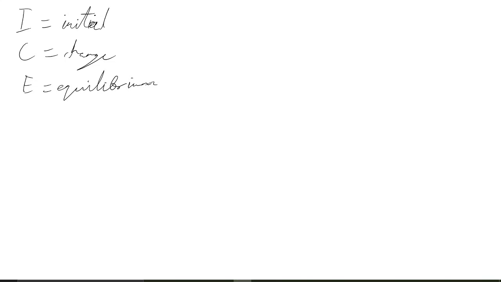There's the change, which is the amount of concentration either gained or lost. And then there's the equilibrium, which is the sum of the two. So actually, I plus C equals E. That's the formula: initial plus the change is equal to the concentration at equilibrium.